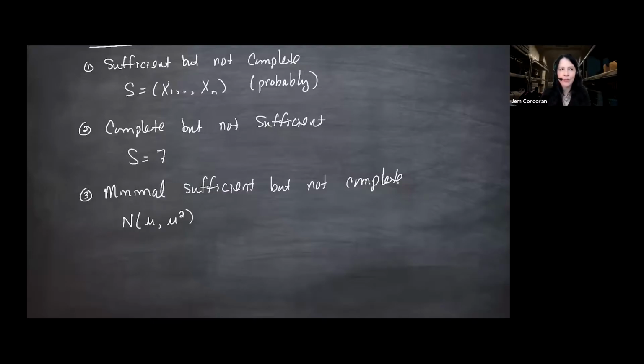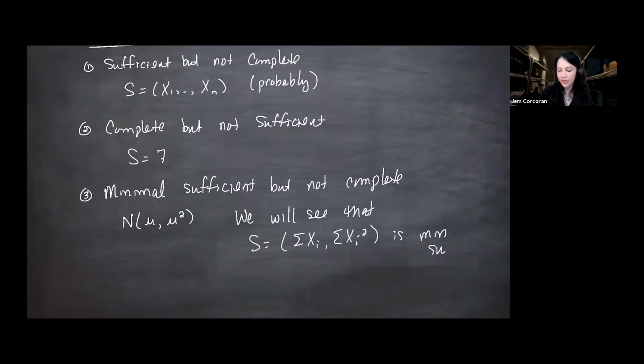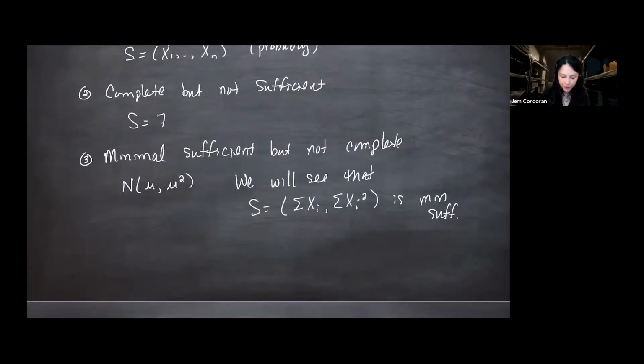We can show, and I will tell you how to do it today, because right after this, I have a theorem that helps you identify minimal sufficient statistics. So we will see that the vector, the sum of the x's and the sum of the x's squared, is minimal sufficient. So just hold off on that a little bit. I'll convince you right after this, but I just want to show you we can show now that it's not complete.